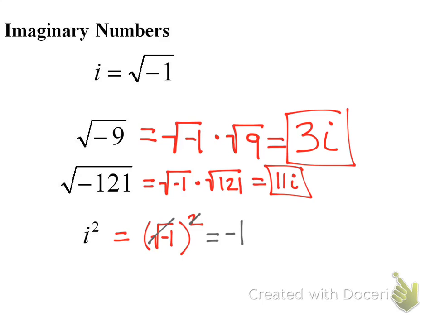That is extremely important. So I'm going to make us some notes off to the side on the chalkboard here. i is the square root of -1. i squared is just -1. That's going to come in handy later. What are your questions on this? Kind of a different concept.